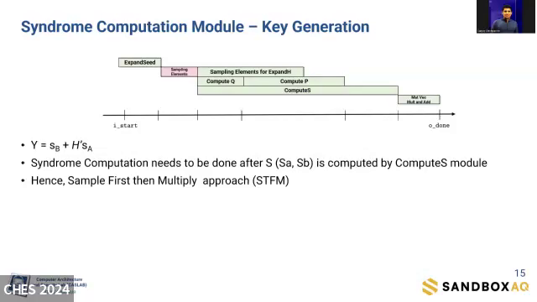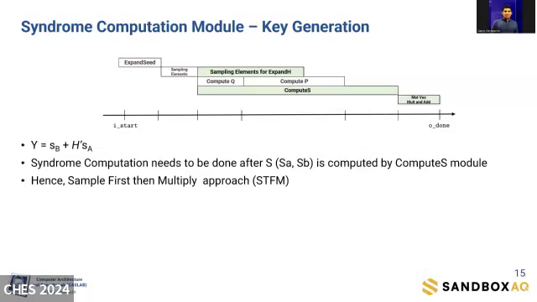Now let's start with looking into the details of the syndrome computation module that is used inside the key generation. In this case, we need to sample both the H matrix as well as the S vector for the computation of the syndrome. So we start with sampling the random bits that are required for computation of S, and then we start computing the S value.